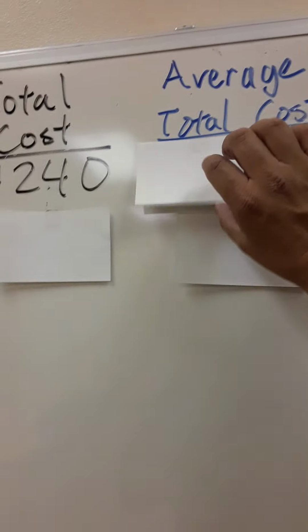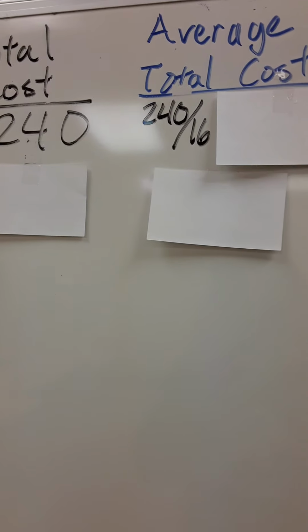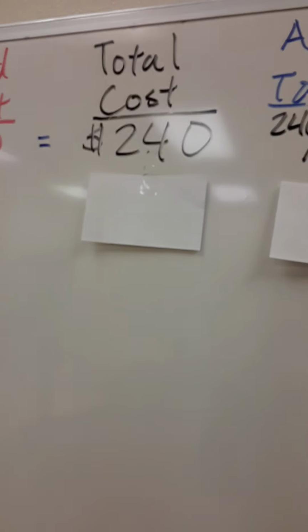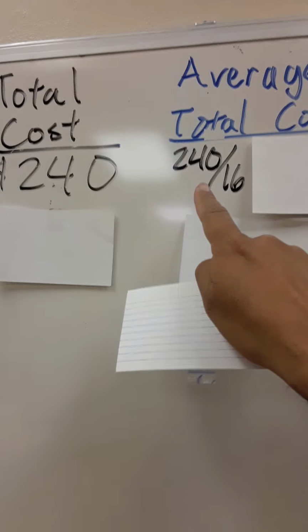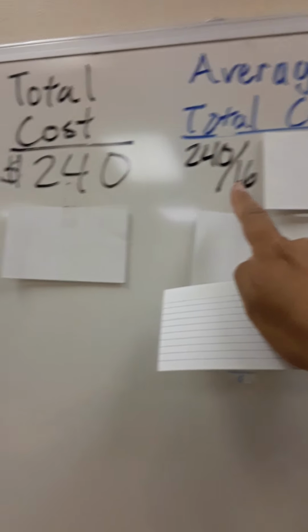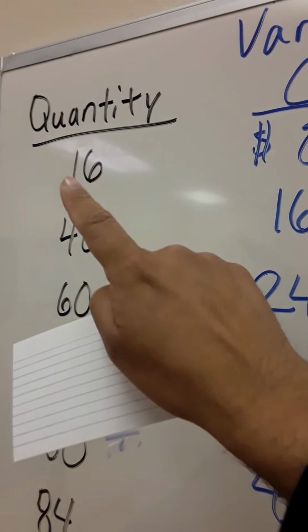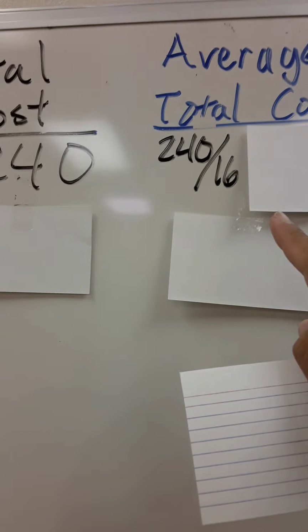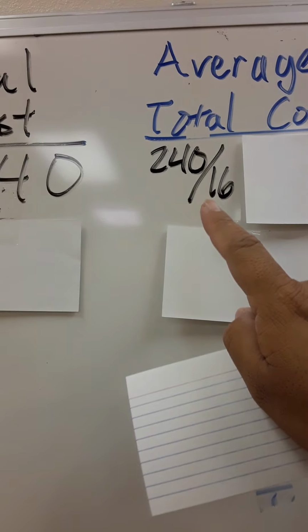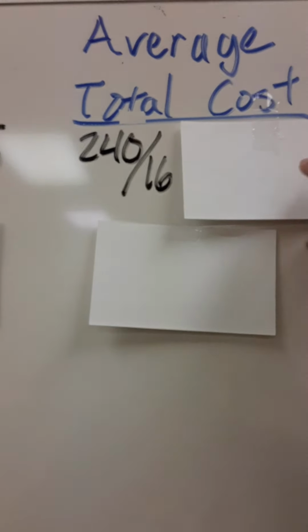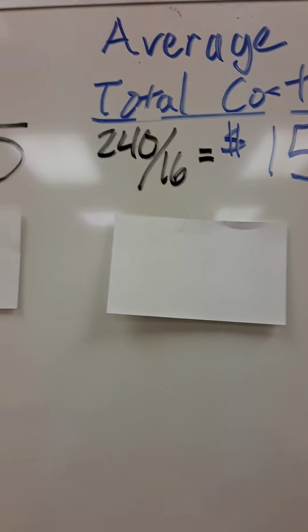Your average total cost is found by taking your total cost, which is 240, and dividing it by your quantity, which is 16, I'm sorry. So 240 divided by 16 will give you the amount of $15.